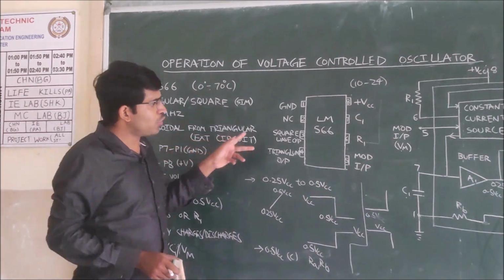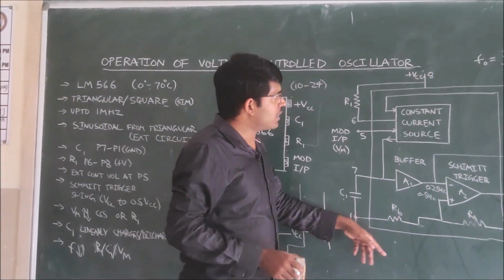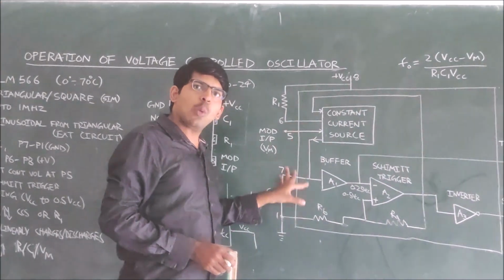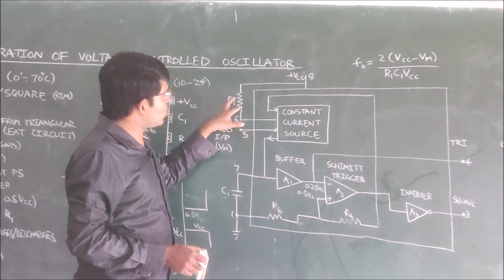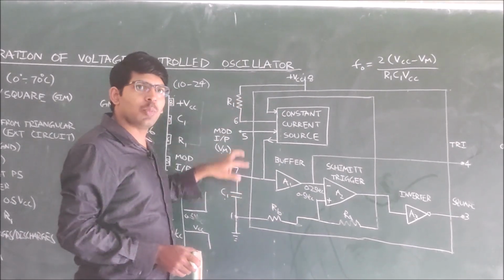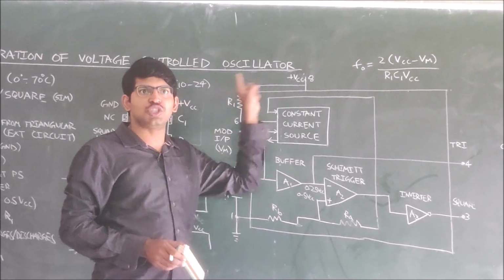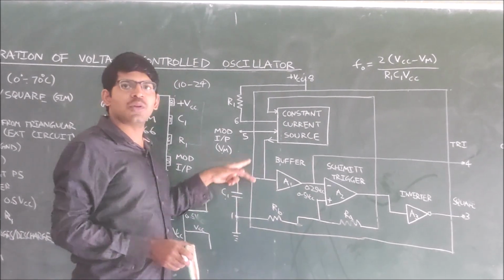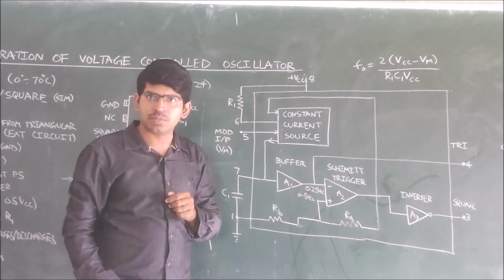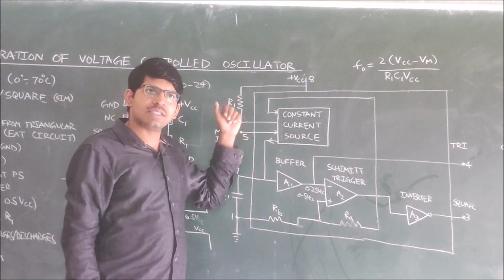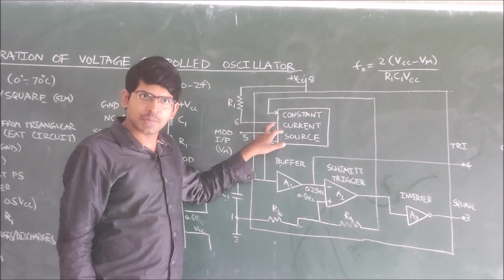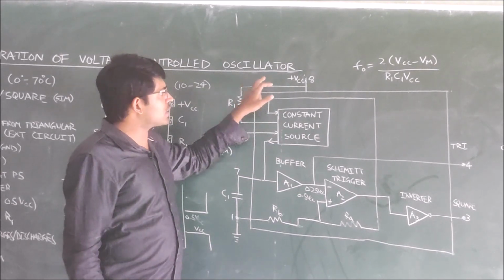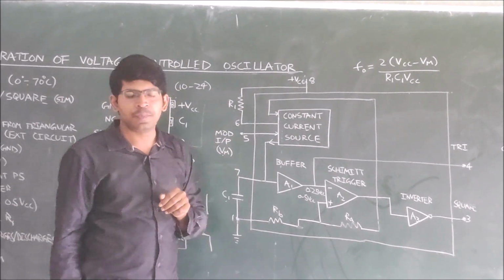If you see the entire block diagram of LM566, only two components are connected outside of this box. One is R1 and the second one is C1. R1 is connected to pin 6 and the other end is connected to VCC.